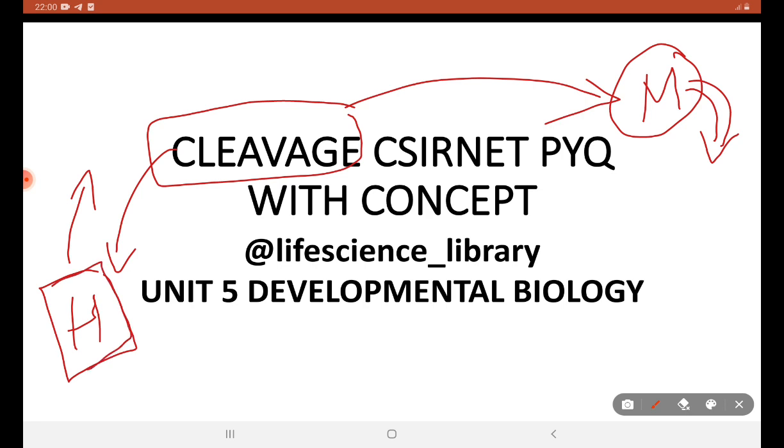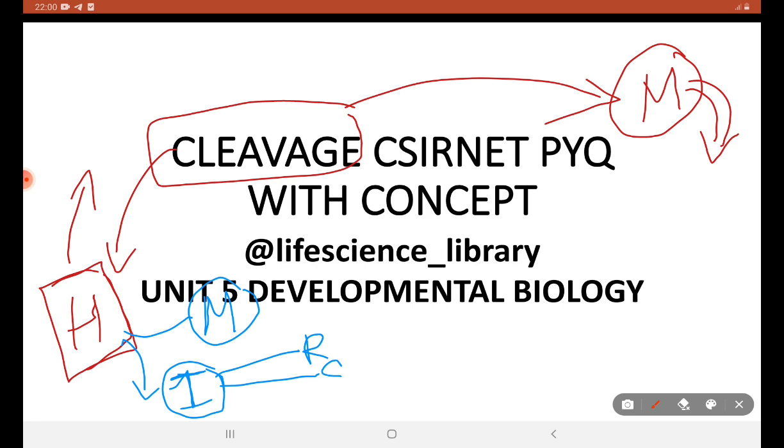Holoblastic cleavage can again be categorized into isolecithal and mesolecithal. Under isolecithal we have seen radial, spiral, rotational and bilateral.